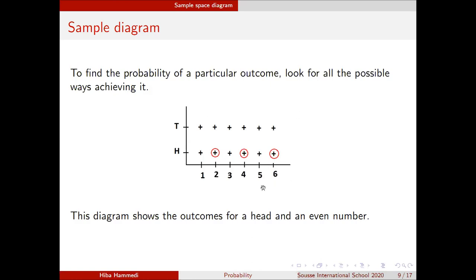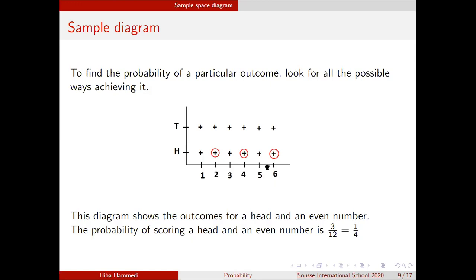So all these 3 outcomes are possible outcomes, so I need to count them. Among the 12 possible outcomes, I have 3 outcomes that are achieving what I'm looking for. So the probability of scoring a head and an even number will be 3 over 12.